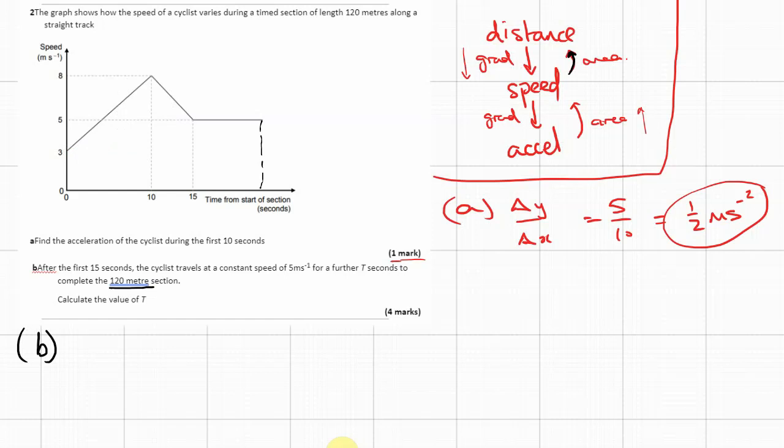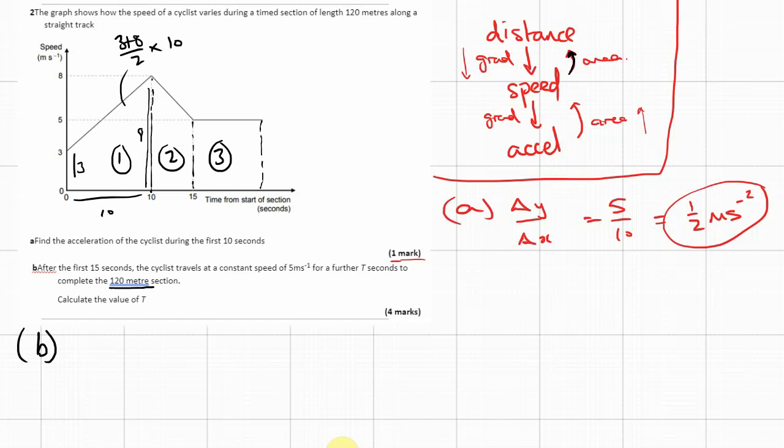So we know 120 equals, and I'm going to split it up into shapes I know. I've got shape 1, shape 2, and shape 3. So let's find the area of shape 1. I'm going to do that up here. This is a trapezium. We've got a length of 8 here, a length of 3 there, so we're going to do 3 plus 8 over 2, times by the height, which is 10.